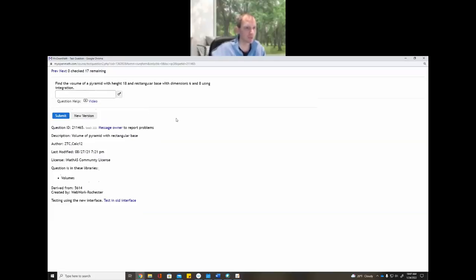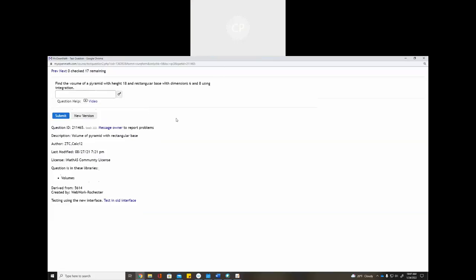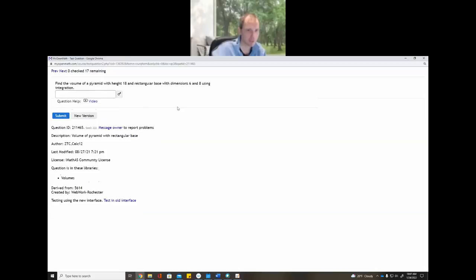Okay. Yeah. So find the volume of a pyramid with height 18 and with rectangular base with dimensions 6 and 8 using integration. So I'm going to give a rough attempt at sketching this. It's three-dimensional, so that's certainly not ideal for me.